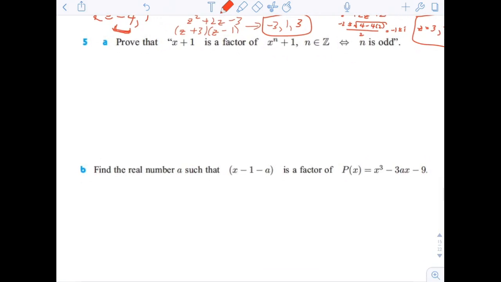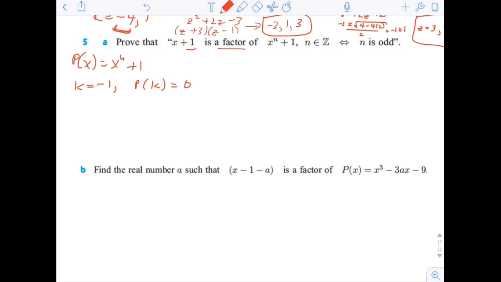Okay, so if p is equal to x to the n plus 1, and x plus 1 is a factor of that, then if k is equal to negative 1, then p of k is equal to 0. Okay, if k is a factor, or k is a zero.